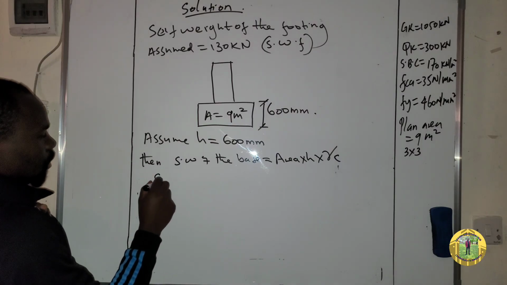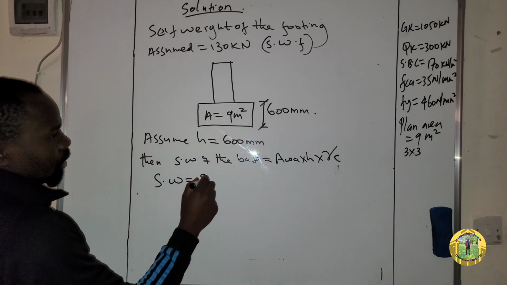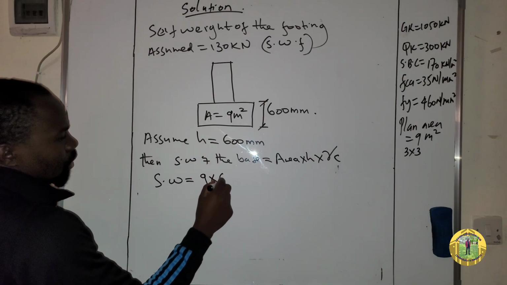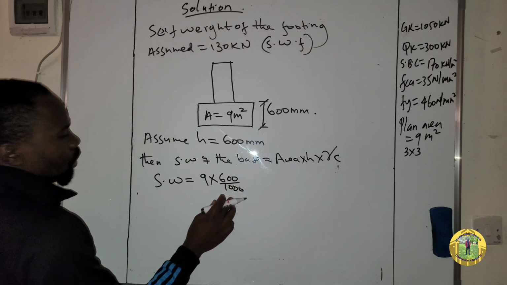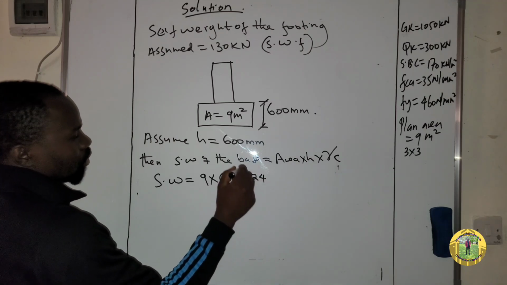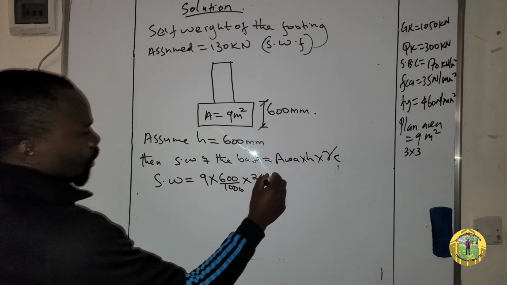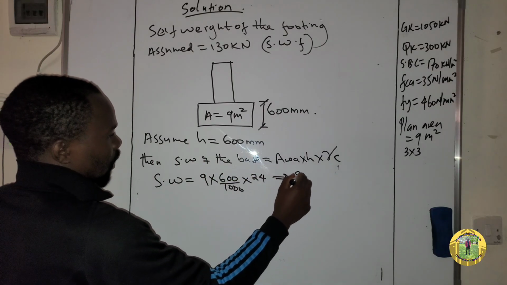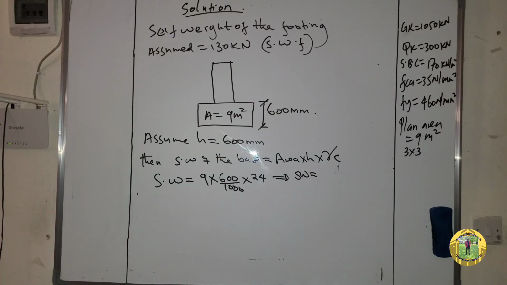So self weight is equal to area, 9, times H, 600 over 1000, you change to meters, times 24 kilonewton per meter cubic. Which implies self weight is equal to 129.6 kilonewton.